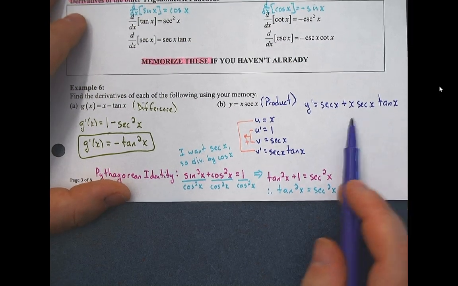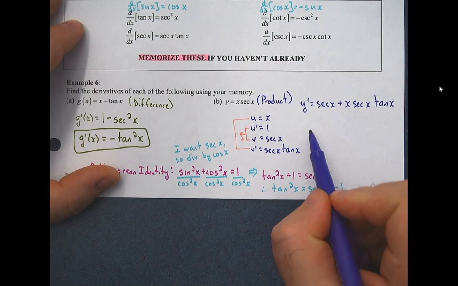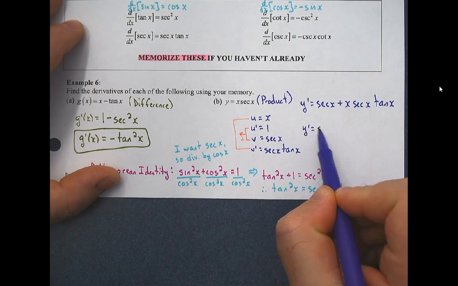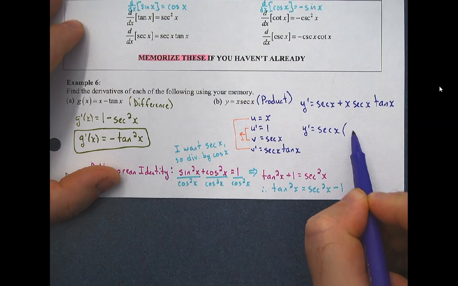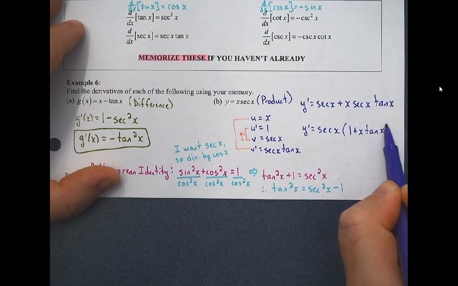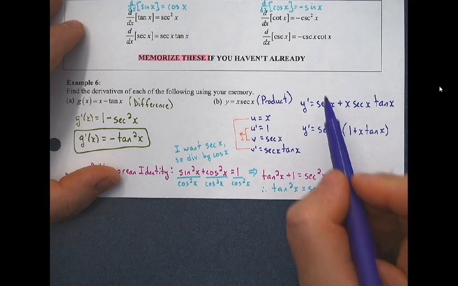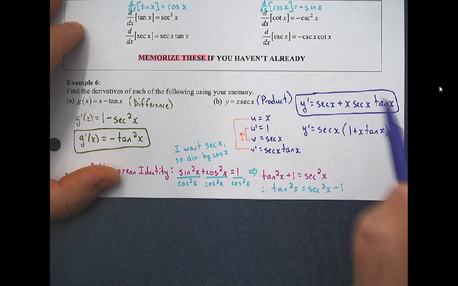And I don't know, I would probably leave it like this. Maybe you could factor out a secant. So y prime is equal to secant of x times the quantity 1 plus x tangent of x, which I'm not so sure that that's any nicer. I would have left it like this.